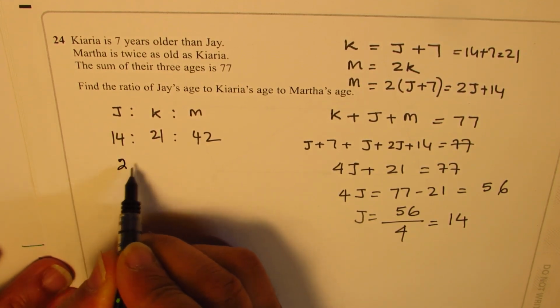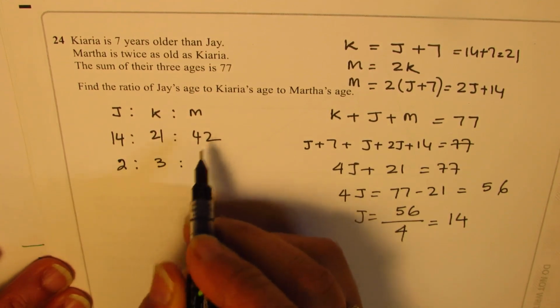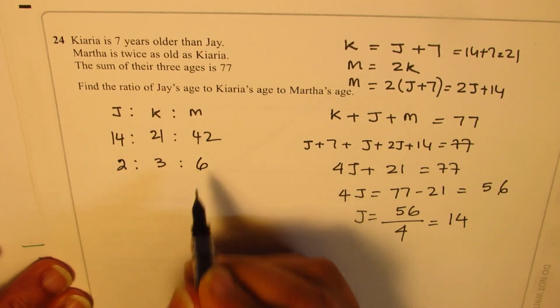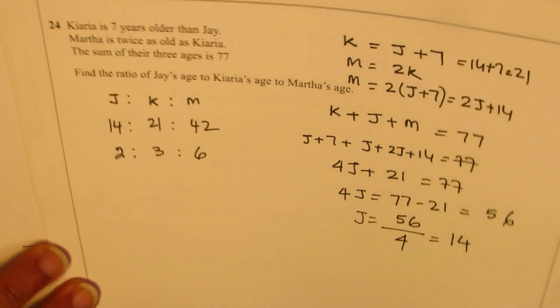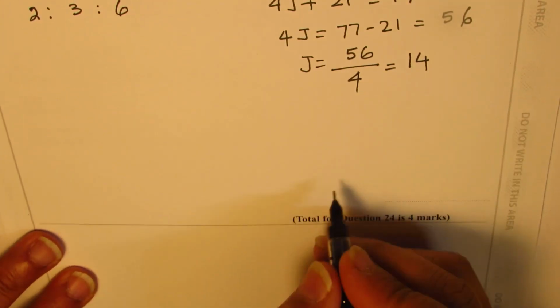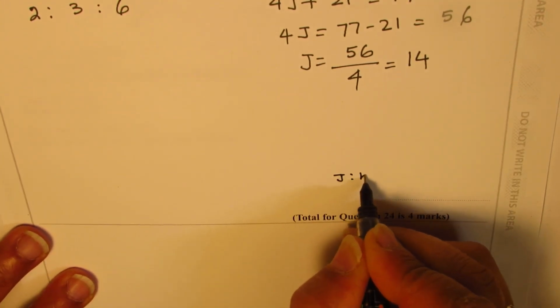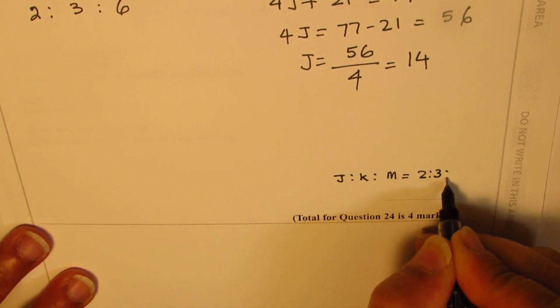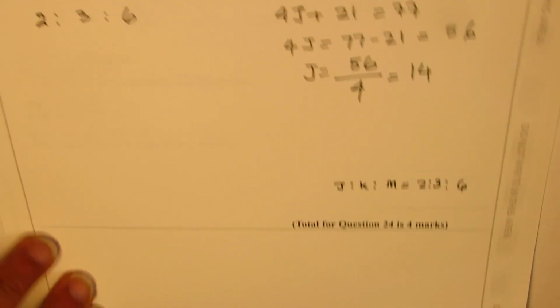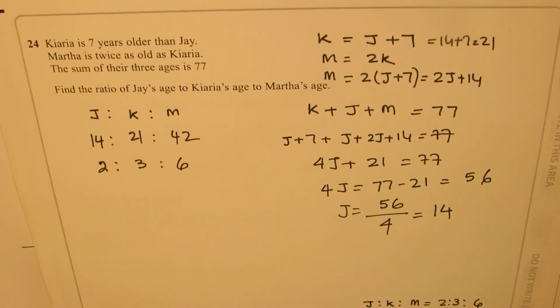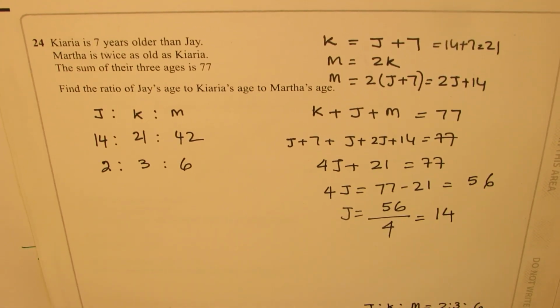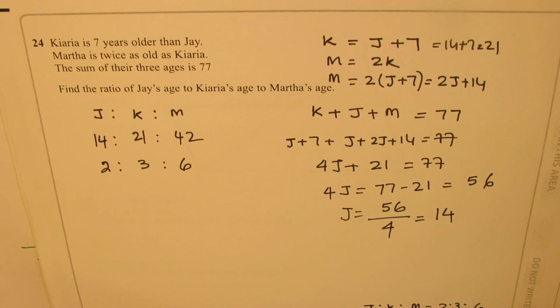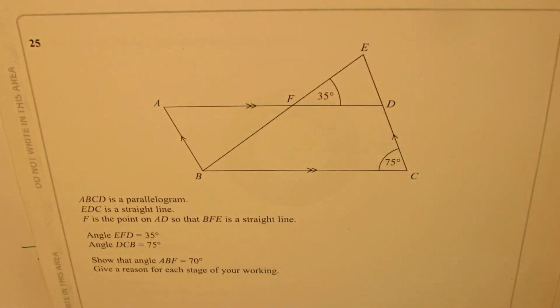So 7 times 2 is 14, 7 times 3 is 21, and 7 times 6 is 42. So we get our answer: J is to K is to M is equal to 2 is to 3 is to 6. Clear? Now the next question, question number 25.